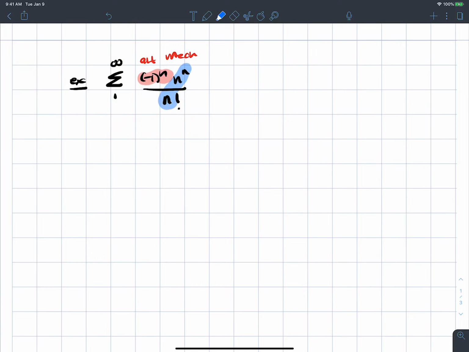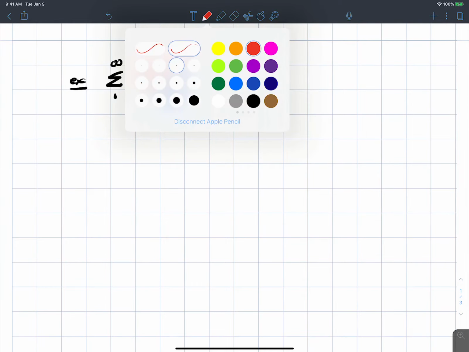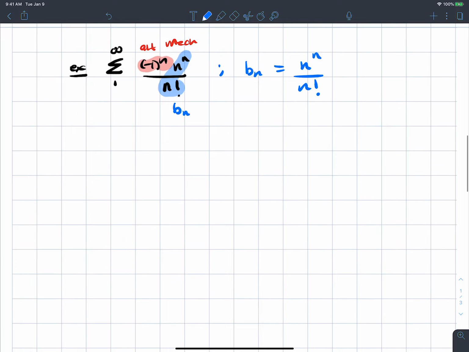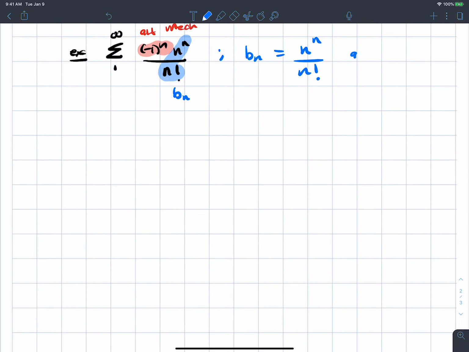We have this portion here, Bn, so that Bn here is n to the n over n factorial. And this is true for all n. This is defined, I should say, for all n.